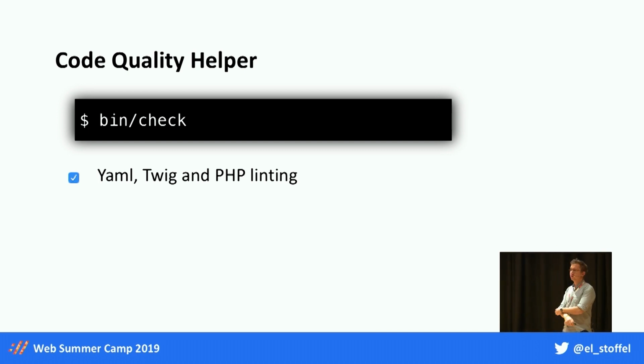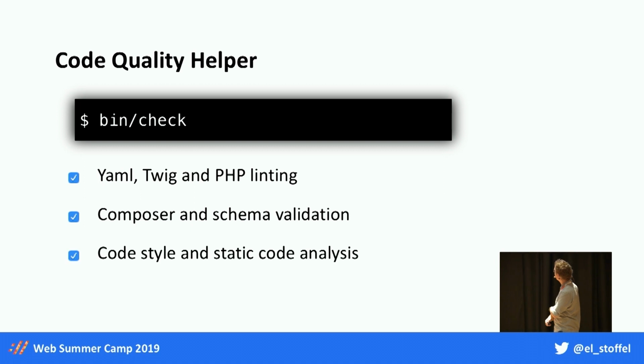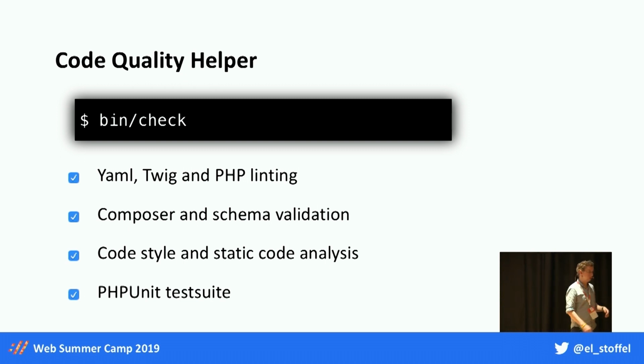But usually you just have to write PHP today and a bit of twig. There's also a composer and schema validation, code style and static code analysis, and of course the PHPUnit test suite. And as I said, there will be functional tests. You don't have to write them, but you will merge them into your local development environment. Questions about that?